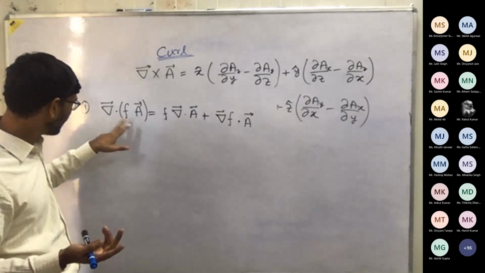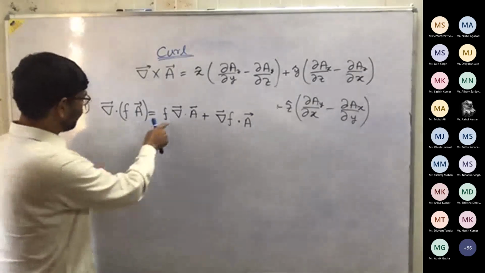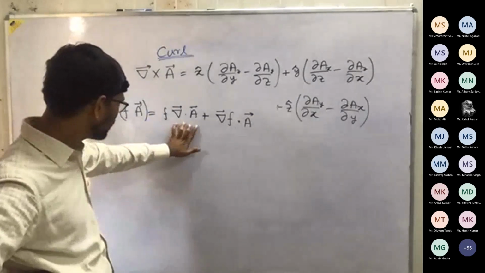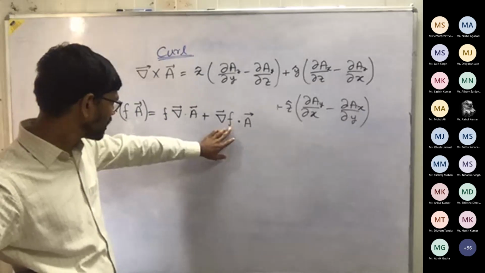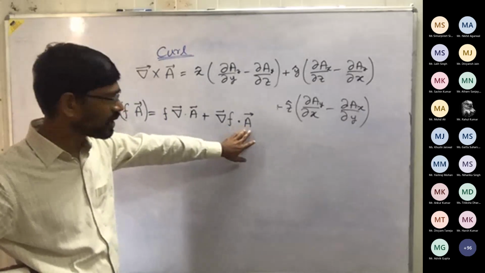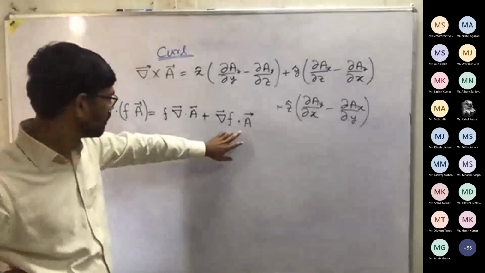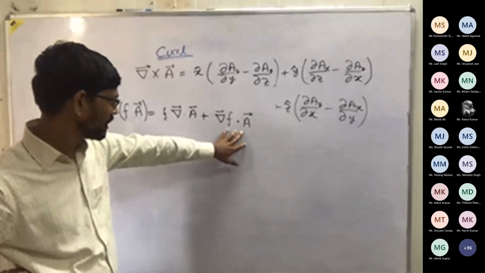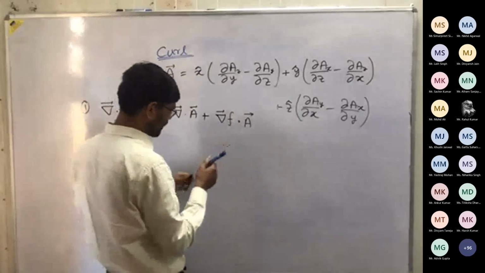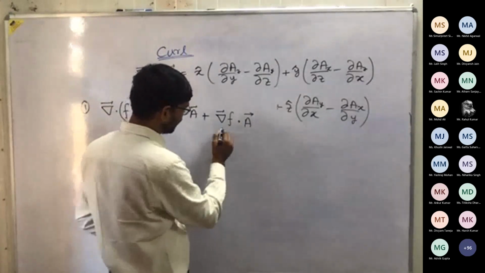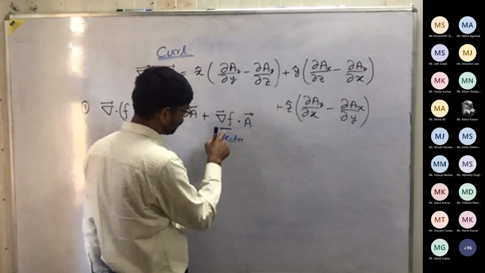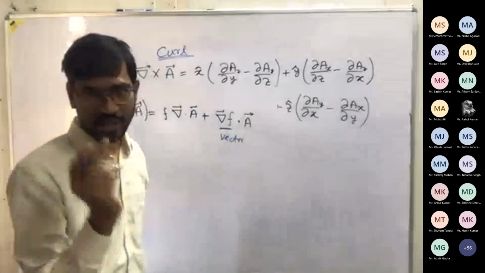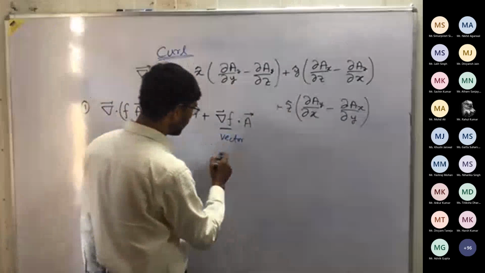Then the operation will be F outside, and then you have a divergence of A, and then you have a gradient of the scalar function dot product with A. Now remember, this is now a vector. This is not an operator anymore.